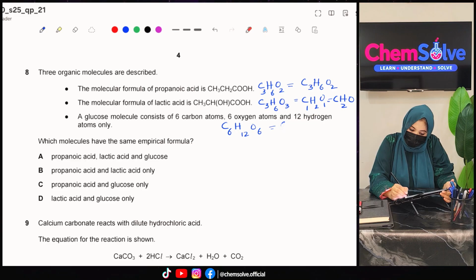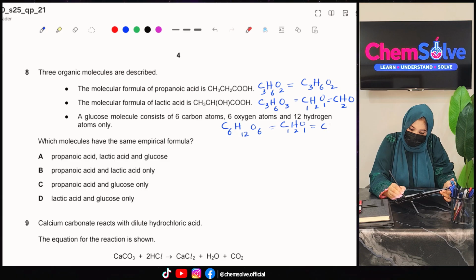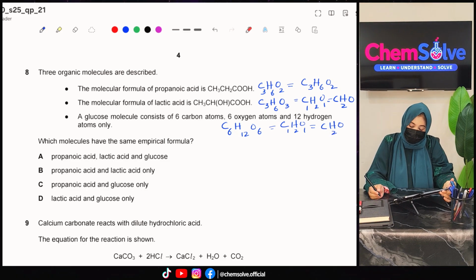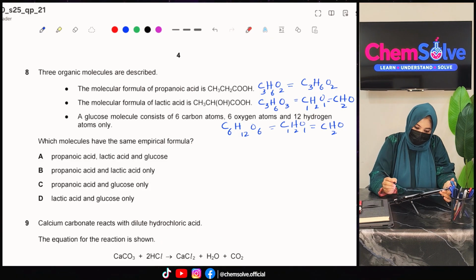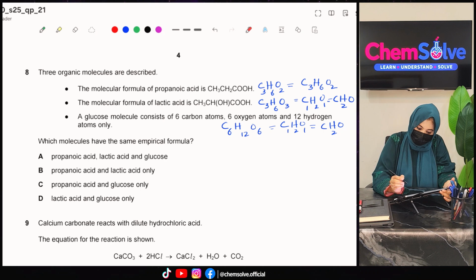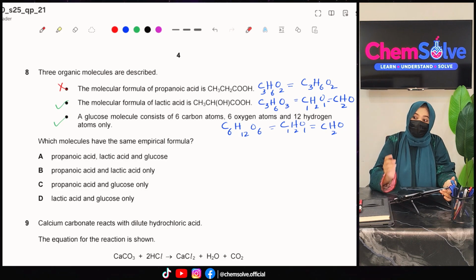For this one, C1H2O1, so this is CH2O. Question number 8: you can clearly see that this has the same empirical formula, this has the same empirical formula, and its molecular formula is not the same.